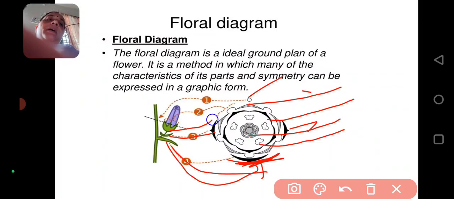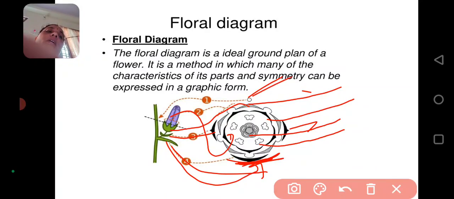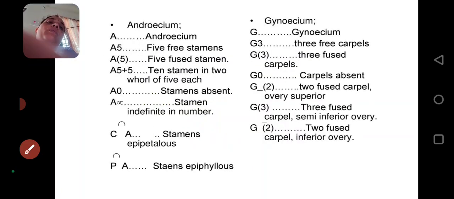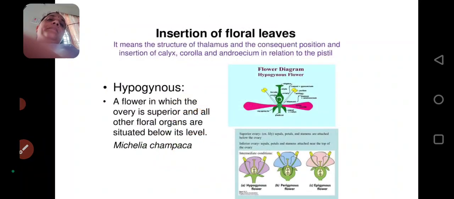The green or light colored parts are sepals, and the dark colored parts are petals. This is actinomorphic and this is zygomorphic. This is the floral diagram.